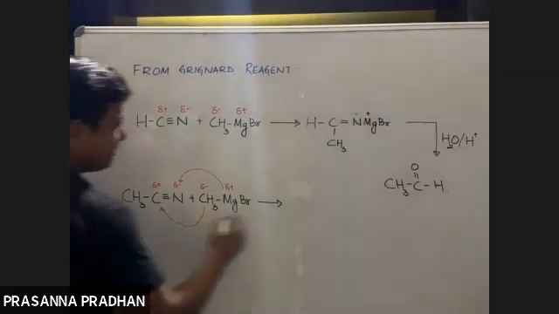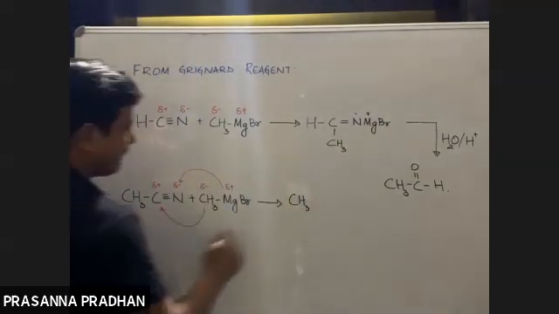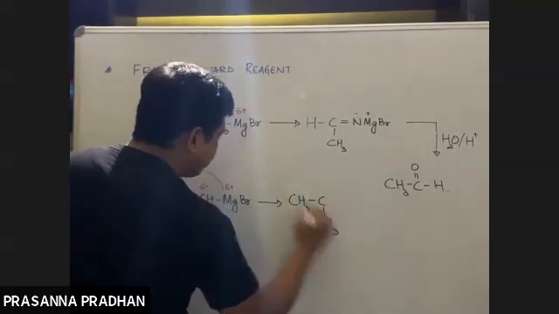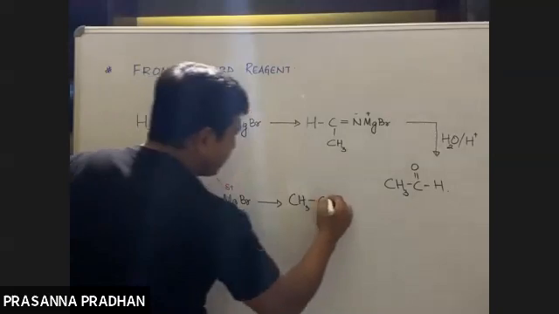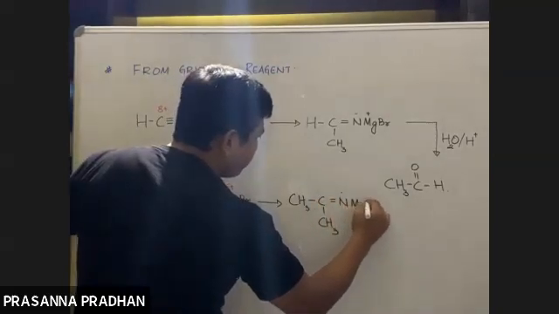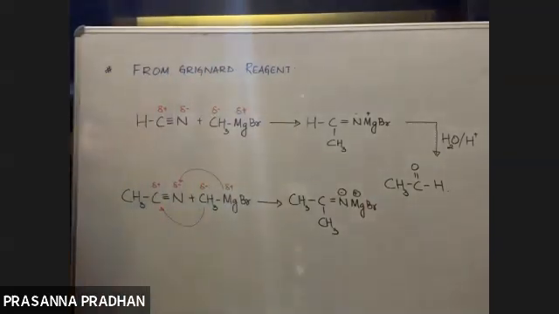So what do we get? CH3, I have single bond C. What is getting added here? CH3. Triple bond reduces to double bond, and here N negative, MgBr positive. We get this.